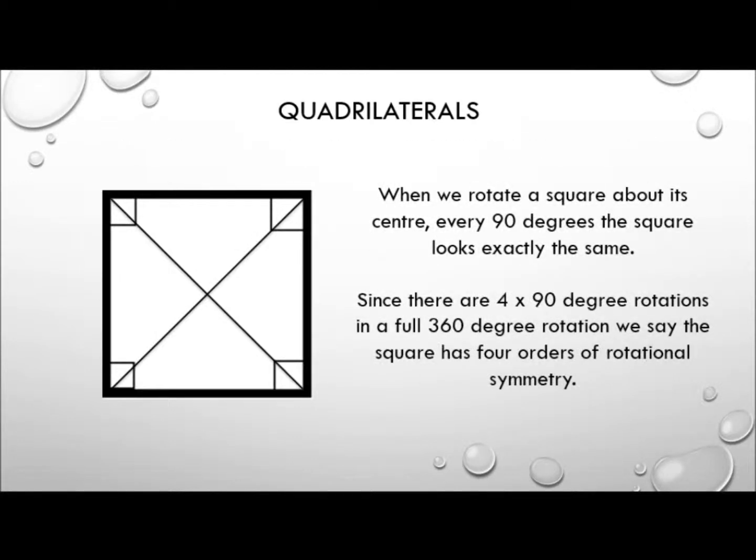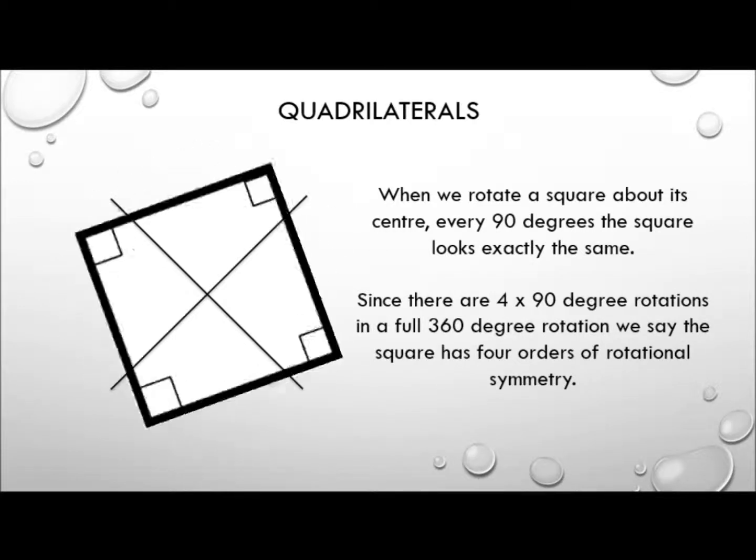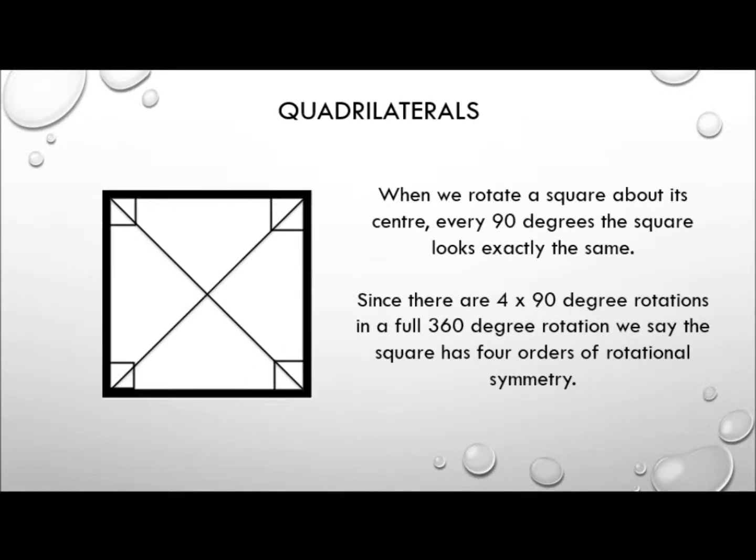When we rotate a square about its centre, every 90 degrees the square looks exactly the same. Since there are 4 times 90 degree rotations in a full 360 degree rotation, we say the square has 4 orders of rotational symmetry, or we say that the order of rotational symmetry of a square is 4.